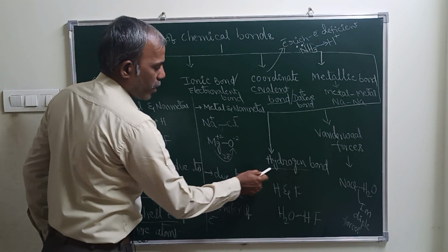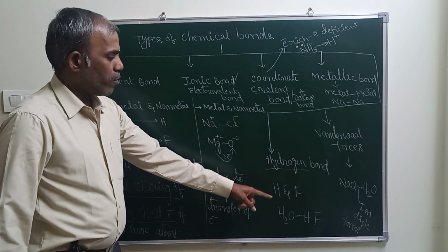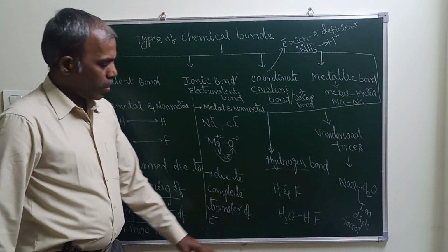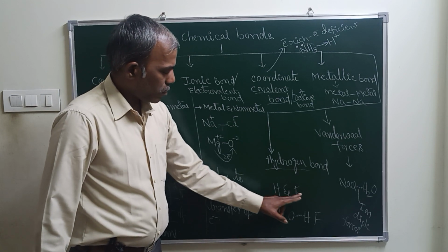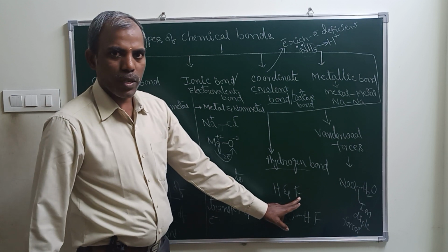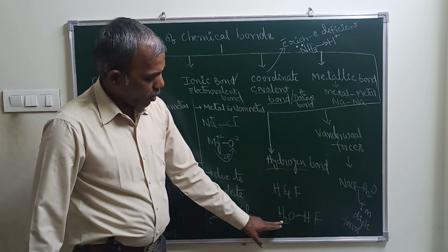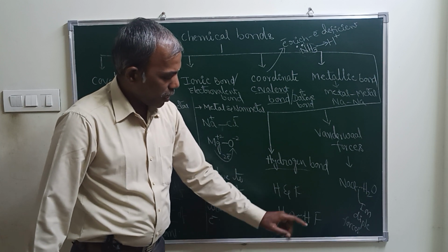Next, miscellaneous bonds, hydrogen bond. The name itself indicates there must be a hydrogen to see hydrogen bond wherever that is observed. So here bond between H and F. Hydrogen is less electronegative, fluorine is more electronegative. In H2O, oxygen is more electronegative, and in HF hydrogen is less electronegative.